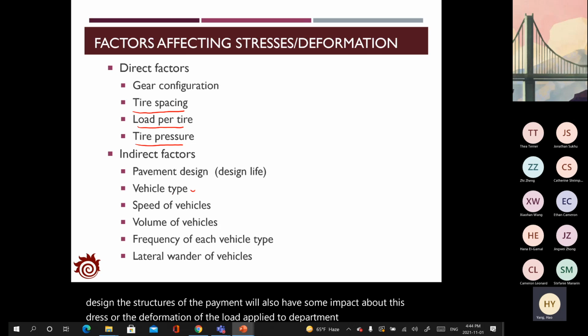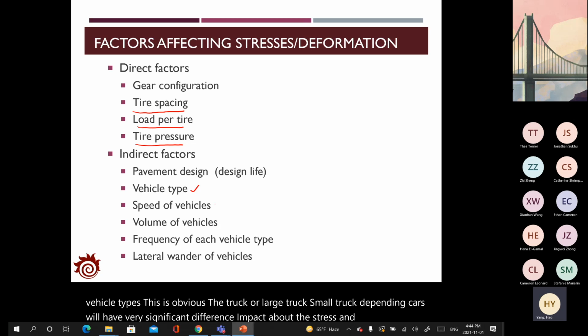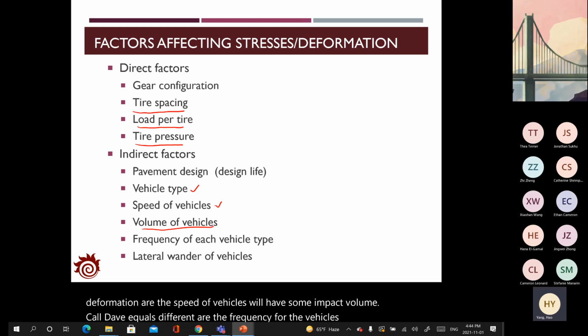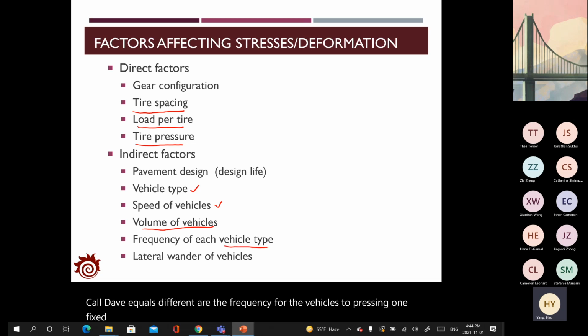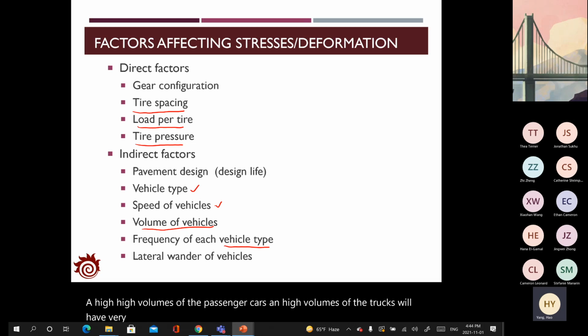The vehicle types, this is obvious. The truck, large truck, small truck, the passenger cars will have very significantly different impact on the stress and deformation. The speed of the vehicles will have some impact. The volume of the vehicles, the frequency for the vehicles to pass one fixed location, the frequency of each vehicle type, high volumes of the passenger cars and high volumes of the trucks will have very different impact on the performance of the pavement.